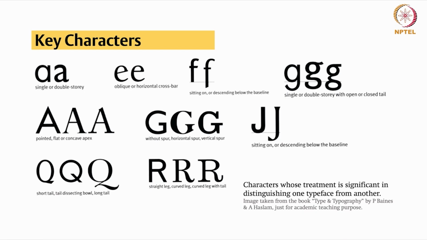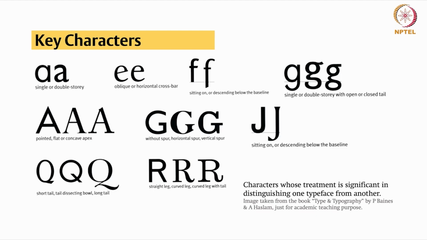Even if you look at letter Q and R, there are a lot of possibilities to change the tail of the letter Q, and also change the tail of letter R, which is also called the leg. Designers make these kinds of changes just to give an individual personality and character to their fonts and typefaces.